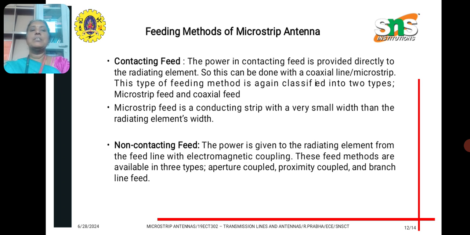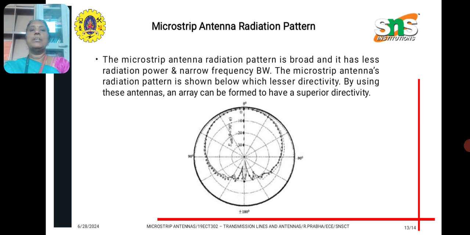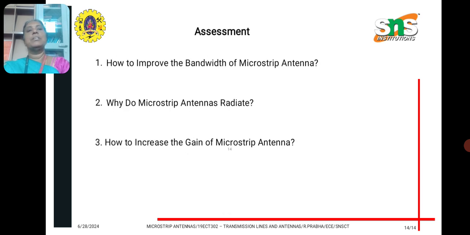These feed methods are available in three types: aperture coupled, proximity coupled and branch line feed. The microstrip antenna radiation pattern is broad and it has less radiation power and narrow frequency bandwidth. The radiation pattern is shown in the diagram with lesser directivity. By using these antennas, an array can be formed to have superior directivity.